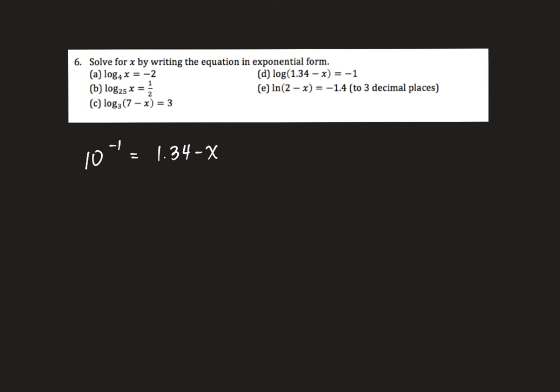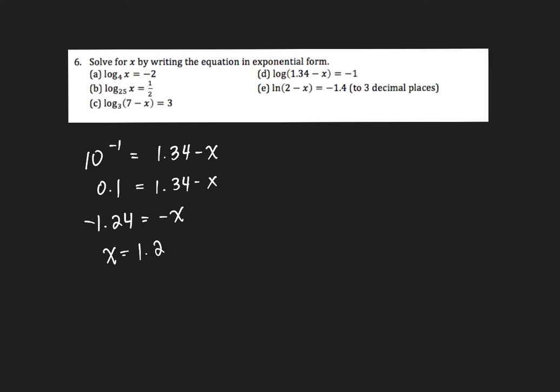From there, 10 raised to -1, I know it's just 1/10, which is 0.1. Solving for x, subtract that 1.34. We're left with -1.24 is equal to -x, which gives us 1.24.